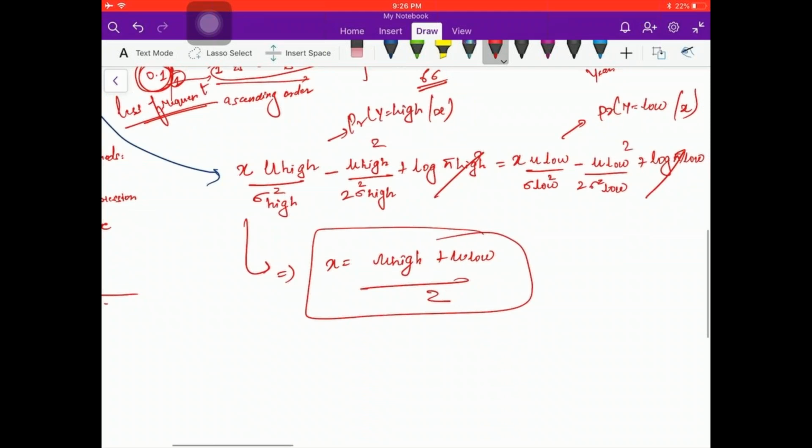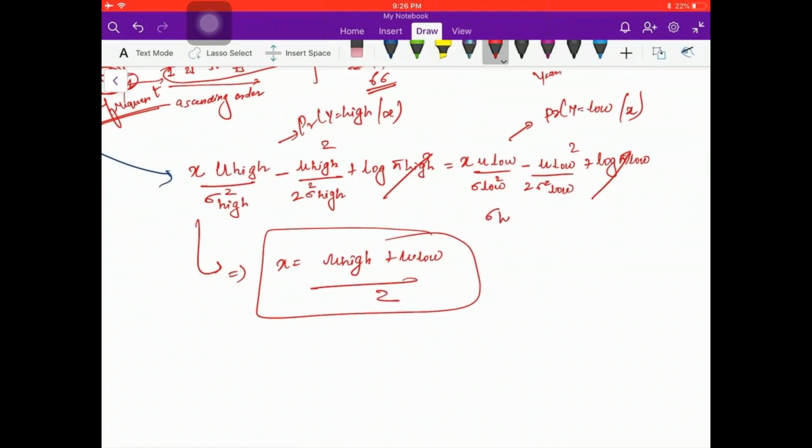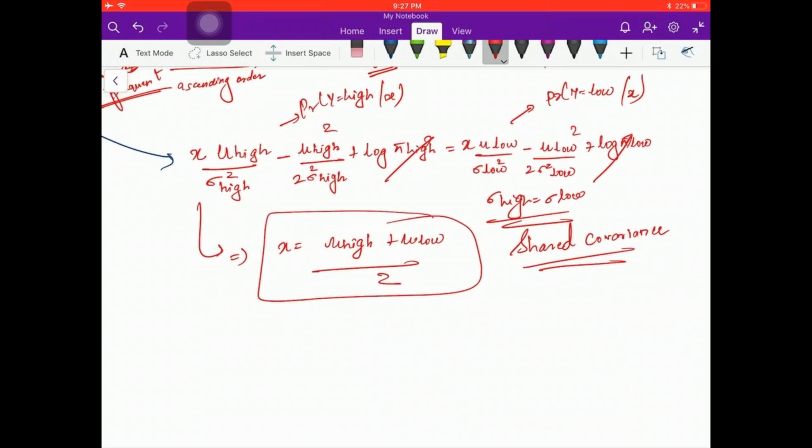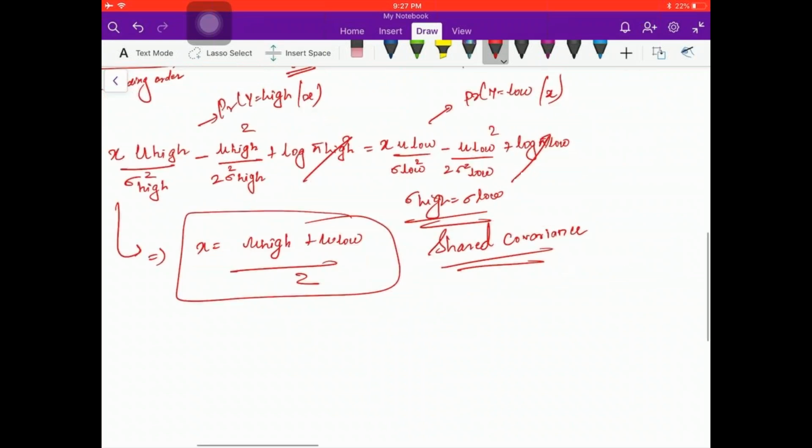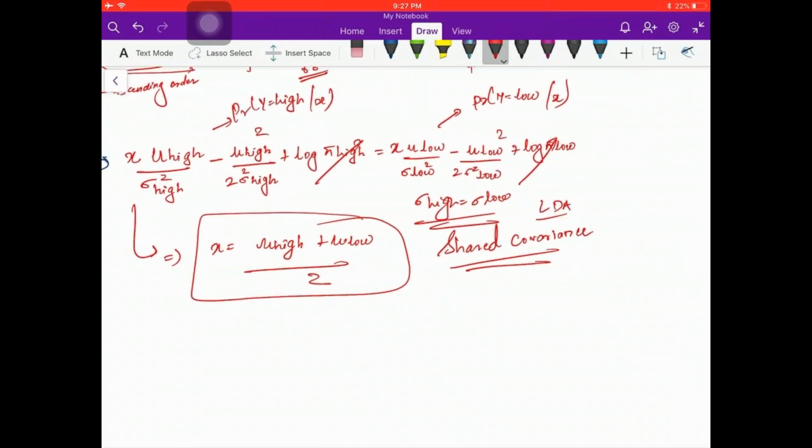So the assumption is sigma high equal to sigma low. That is one assumption you are taking here. This is called the shared covariance. No need to go into what shared covariance is, but just assume the inherent assumption of LDA is that the variance across the two classes is similar.